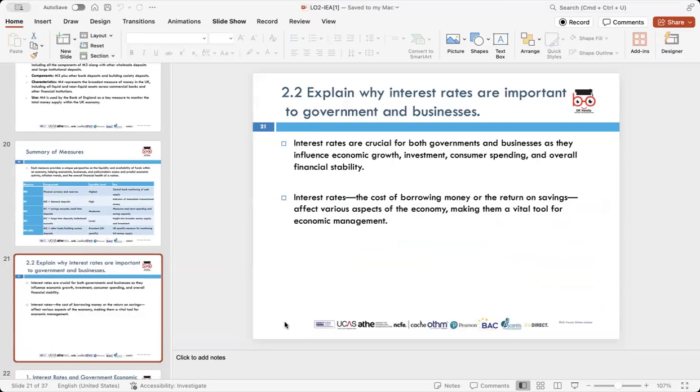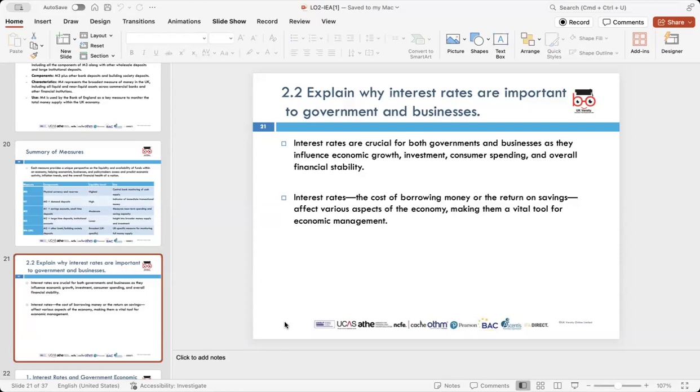So explain why interest rates are important to government and businesses. Interest rate is the cost of borrowing money or the return earned on savings. So when interest rates rise, borrowing becomes more expensive. This can slow down business expansion and reduce consumer spending.